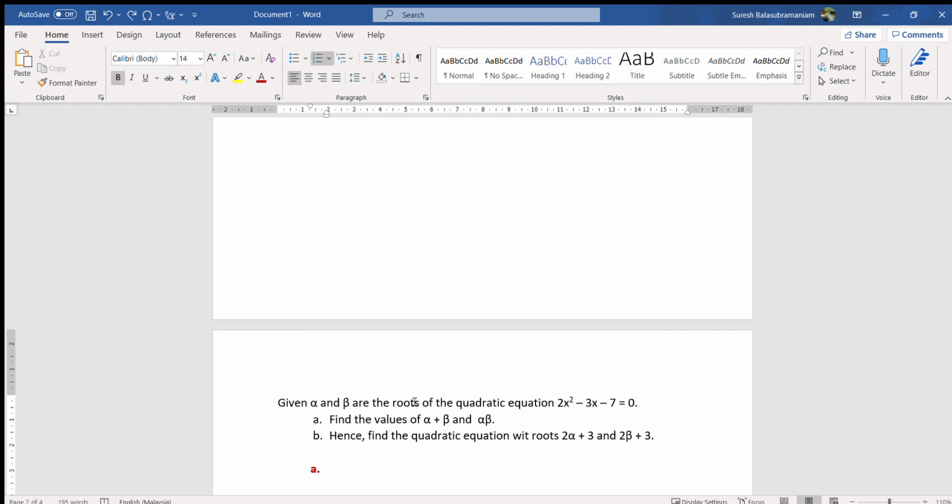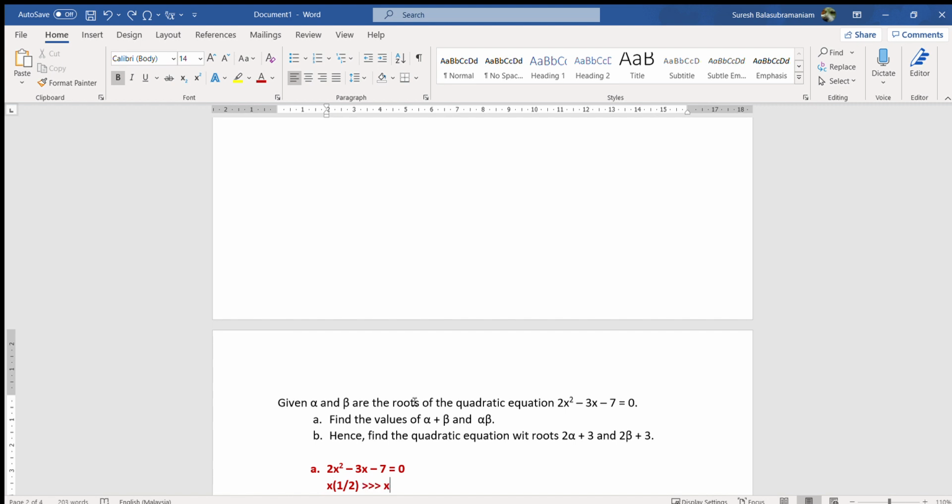Okay, so I will write down the quadratic equation, 2x squared minus 3x minus 7 equals 0. And then I will multiply by 1 over 2 to get it in the format of sum of roots and product of roots.